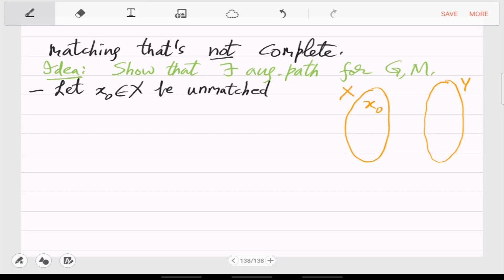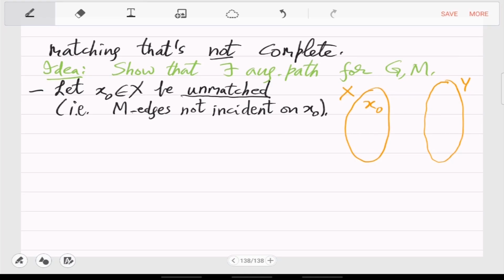When I say unmatched, again, obviously I mean that no edge in M is incident on x0. Okay, so pick such a vertex.